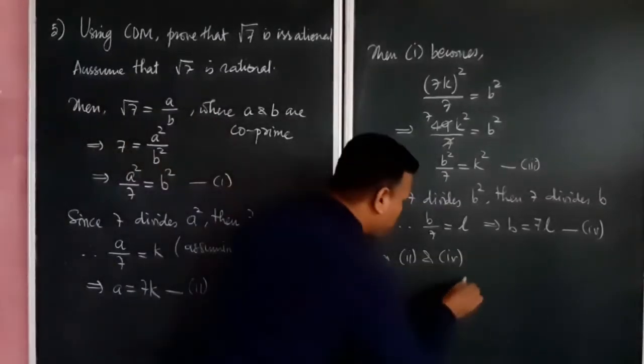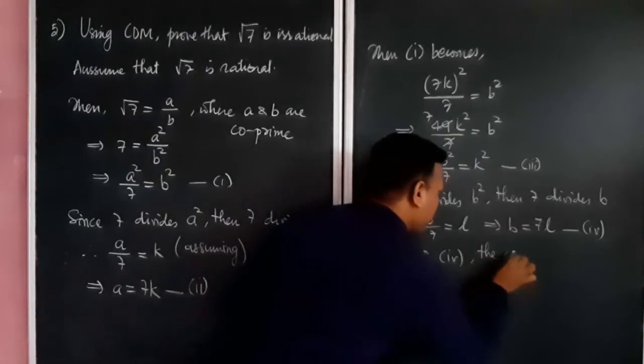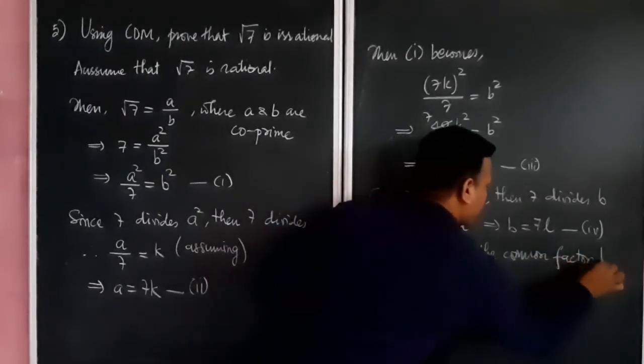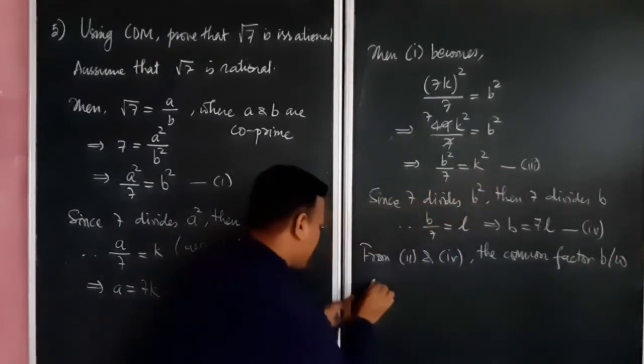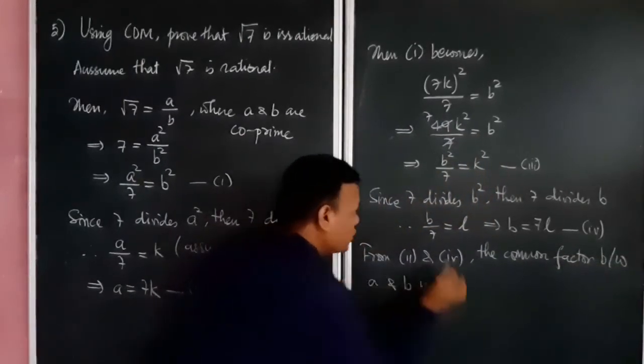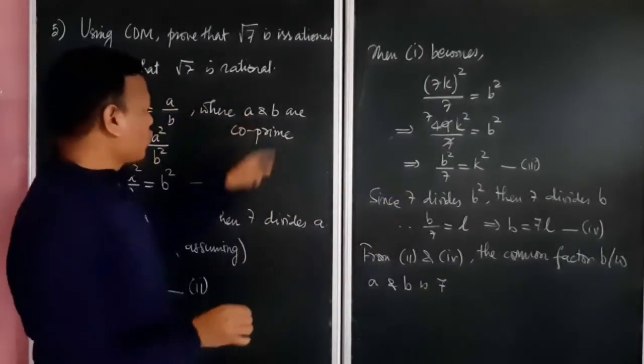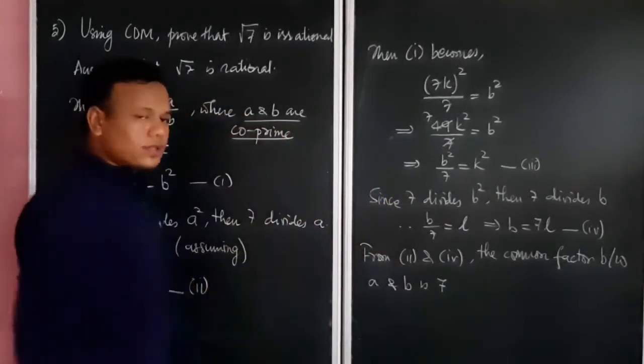So from 2 and 4, the common factor between a and b is 7. Now we know that a and b are co-prime, isn't it? Now what is the meaning of this?